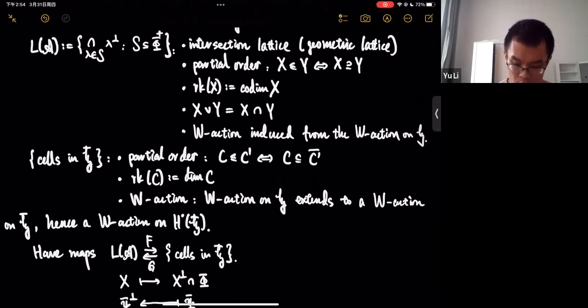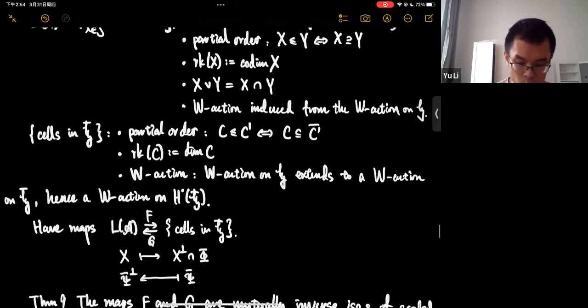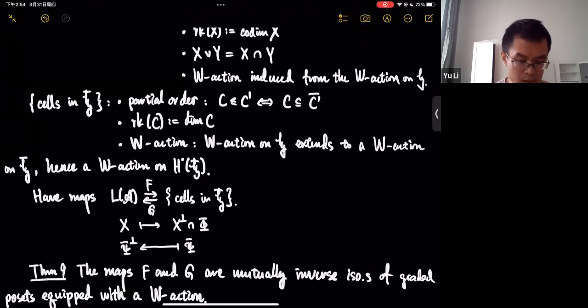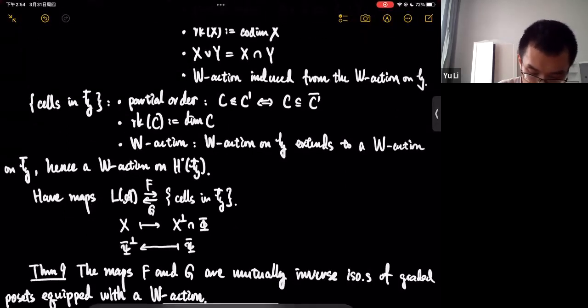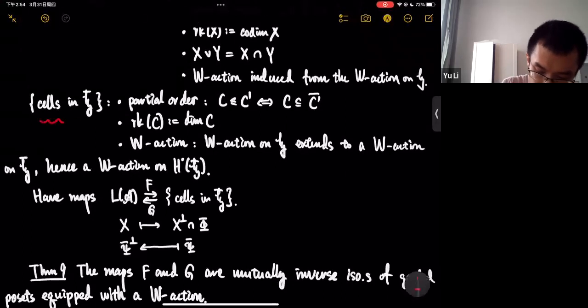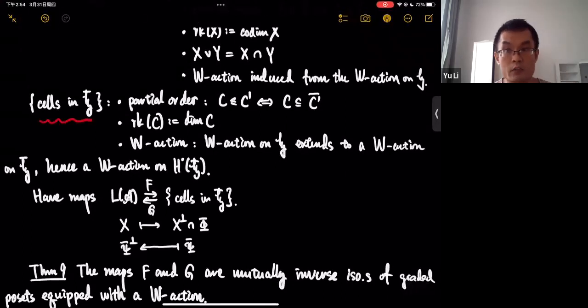Okay, so this is just some reminder of classical combinatorics. And then in our situation, geometrically, we have another poset, namely the poset whose elements are the cells inside H bar with respect to the affine stratification I just explained. Okay, and this is a partial order because we have the usual partial order where a cell C is less than or equal to another cell C prime if and only if C is contained in the closure of C prime.